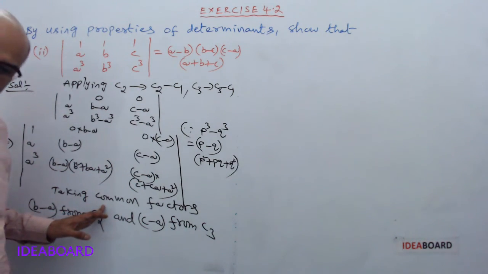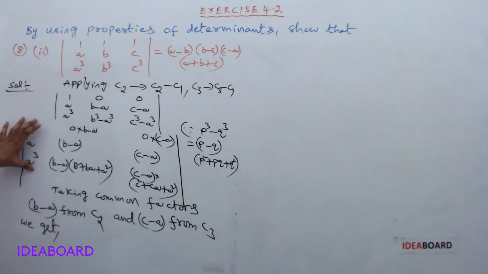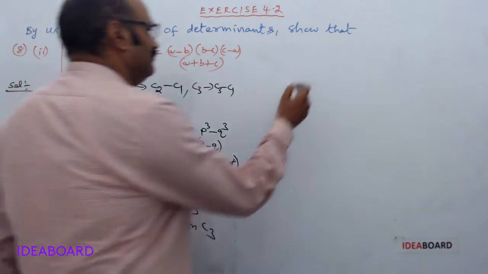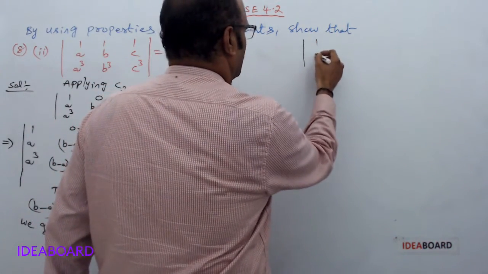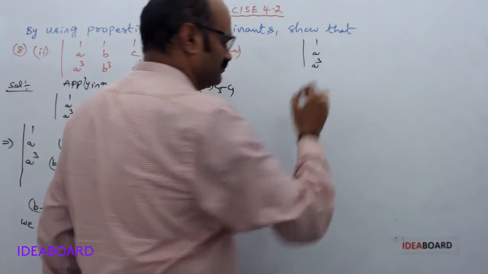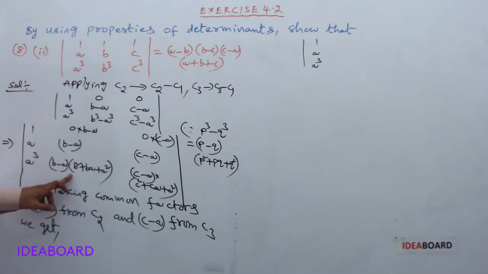so we are not taking anything common from C1. So, C1 is same. Determinant of 1, A cube. Now we have to take B minus A from C2.